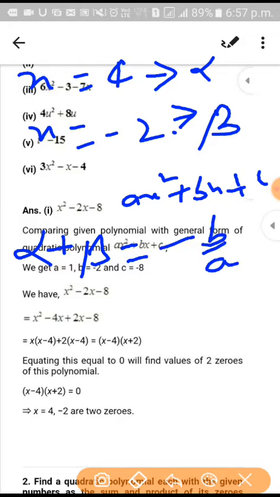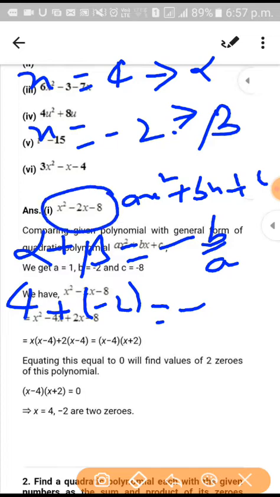What is alpha? That we have taken as 4. What is beta? That is minus 2. What is b? B means the coefficient of x, that is minus 2, and a means the coefficient of x square, that is 1.